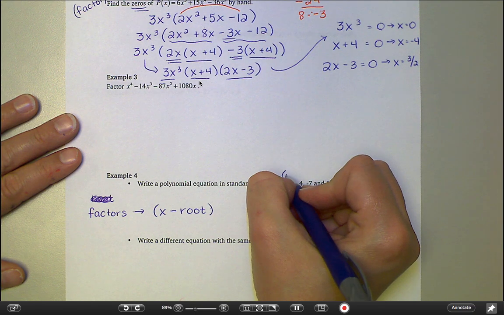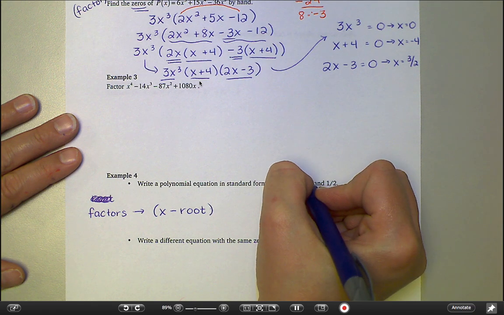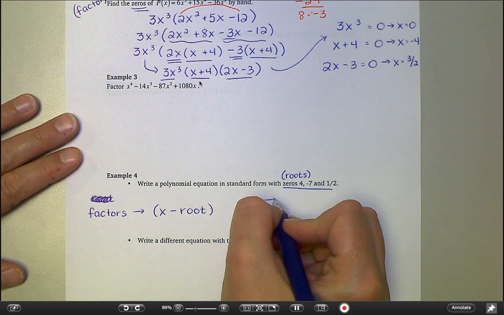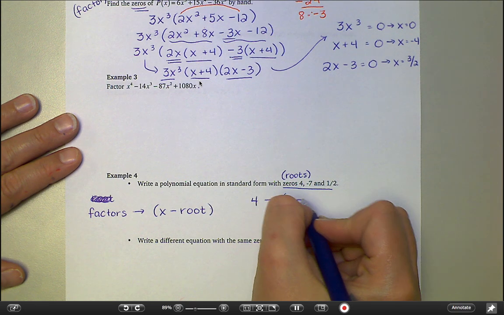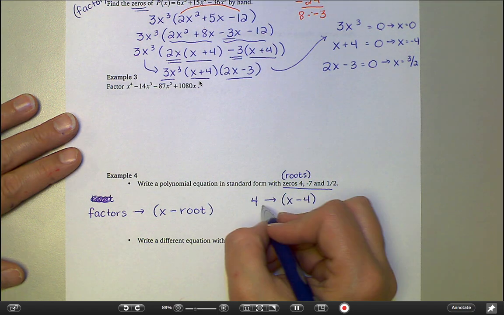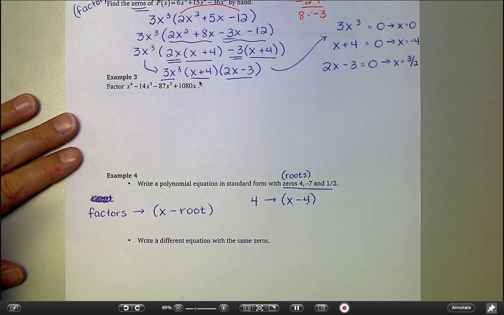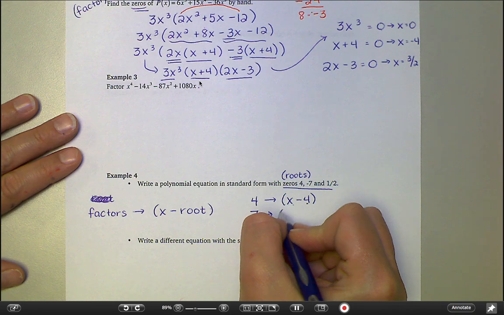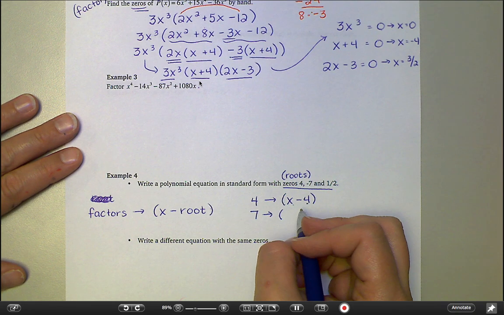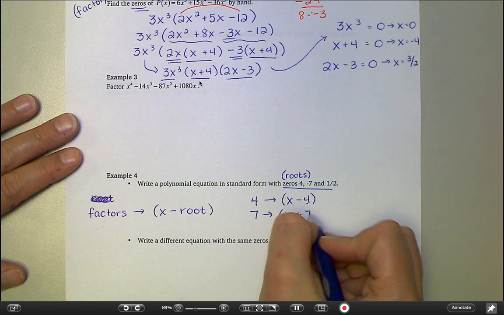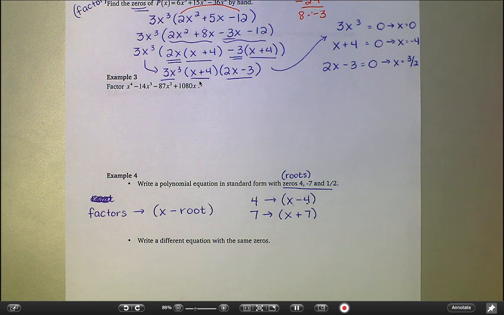Remember, zeros is the same thing as roots. So if I know 4 is a zero, then I know x minus 4 is a factor. If 4 is a zero or a root, x minus 4 is a factor. If -7 is a root, then x minus -7 would be a factor, and I'm actually going to just make that x plus 7 would be a factor.